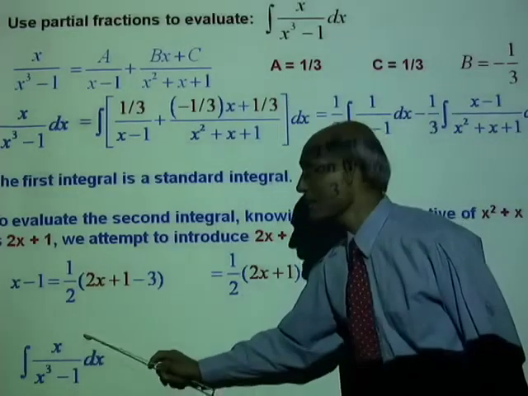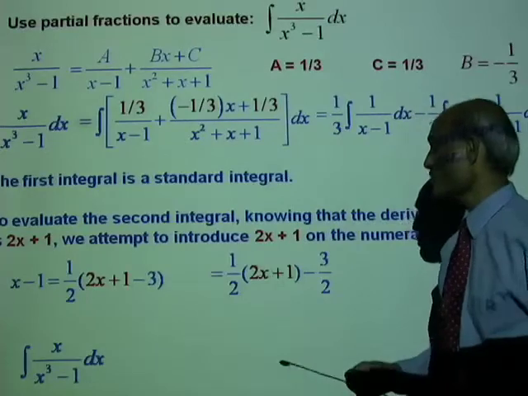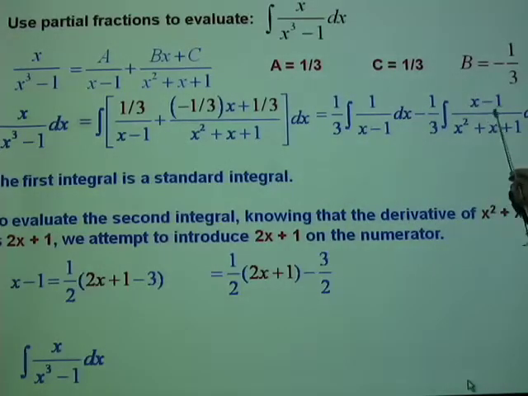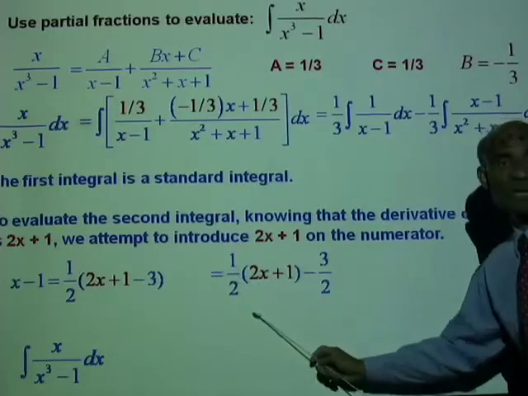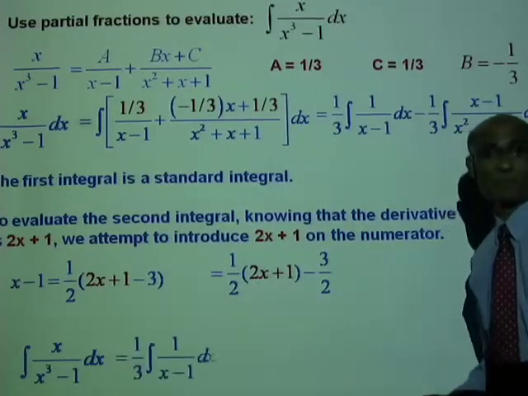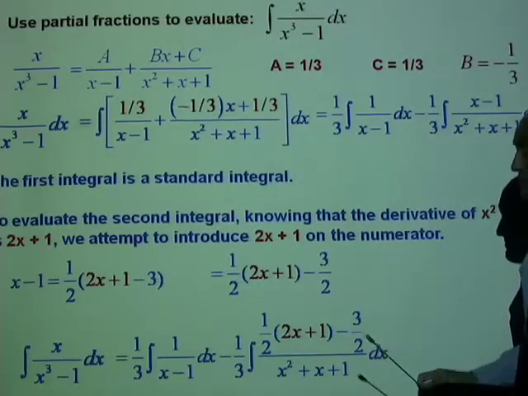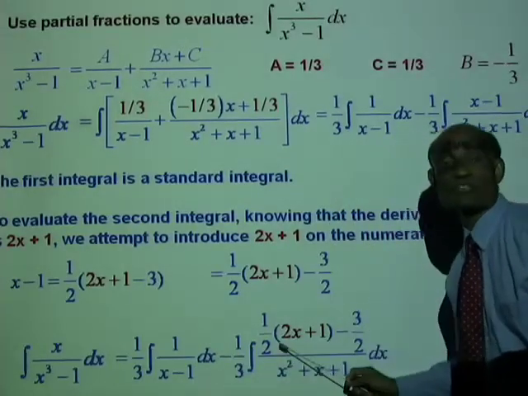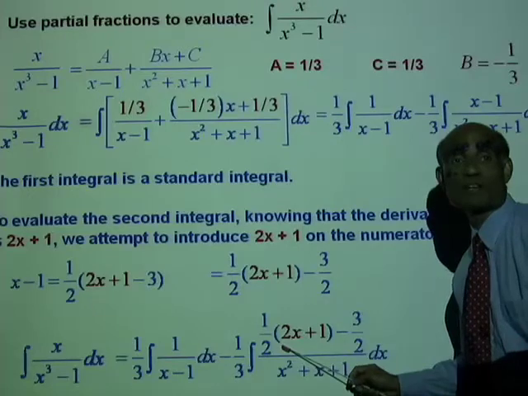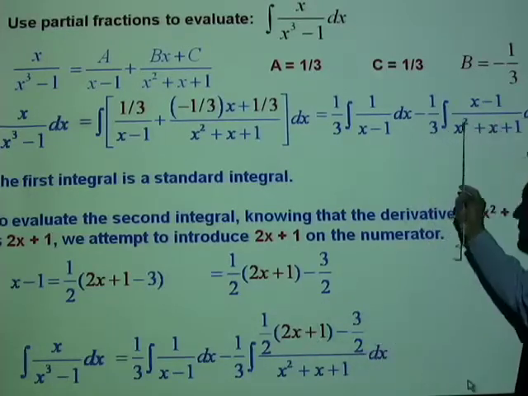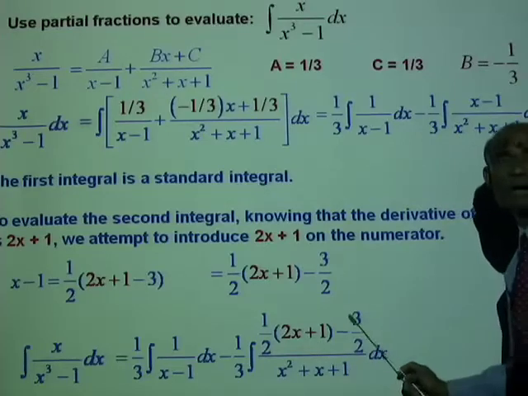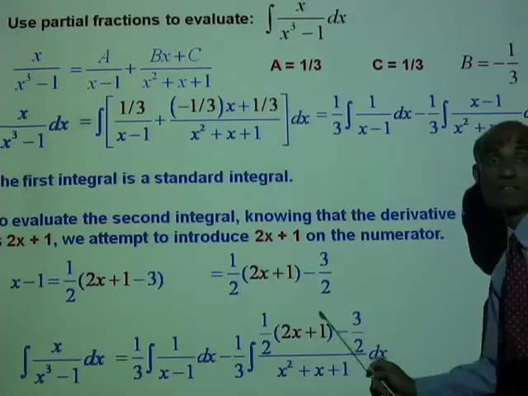So, integral x over x cubed minus 1 now becomes the numerator x minus 1 is going to be replaced by this quantity. That's interesting. This is already known, so we are leaving it like this. It is the second integral that we are interested in. So in the second integral, the numerator x minus 1 is replaced by this quantity. There you go.